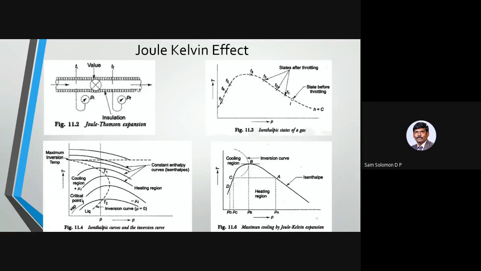So they identify the values of pressure and temperature at different points of this throttling process, by opening the valve. By plotting the different values, you get the different state points where your enthalpy is constant.